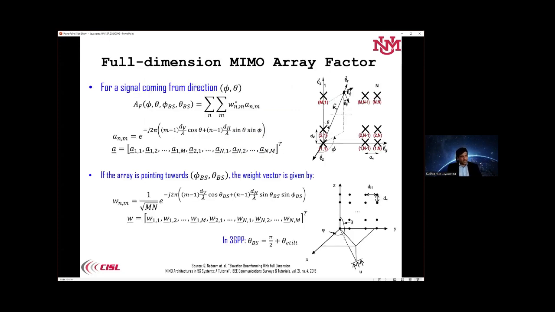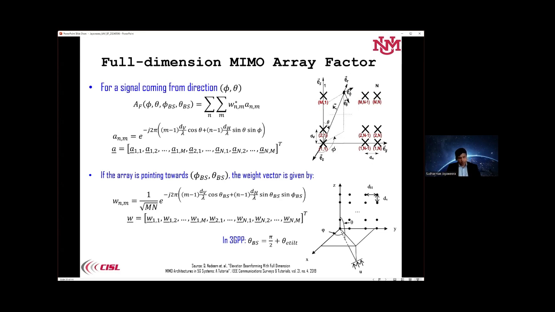So for a signal coming from a certain direction phi, theta, you can write the array factor now as the sum over both the horizontal direction, X direction, as well as Y direction elements, weighted values.